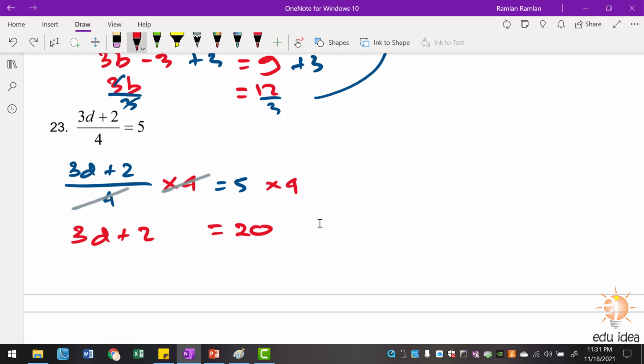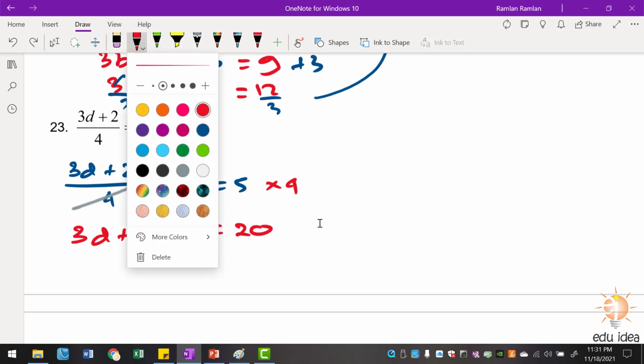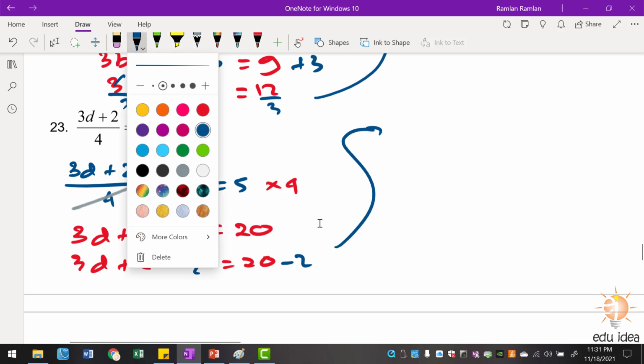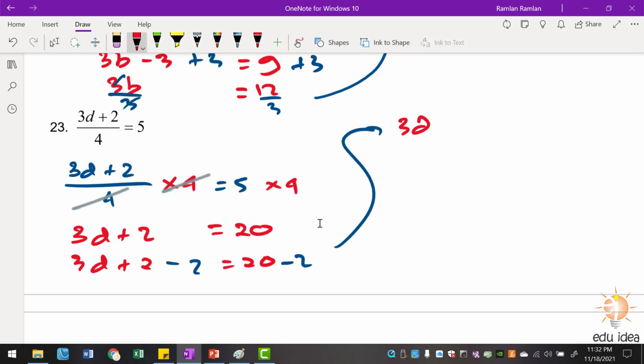So you do the same thing like before, subtracting 2 from both sides. I get 3d plus 2 equals 20. I'm going to subtract both sides by 2 to get rid of this 2. So I will get 3d on the left side, and then 20 minus 2 is equal to 18.